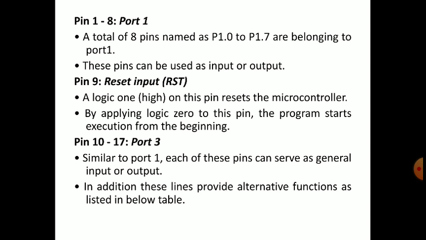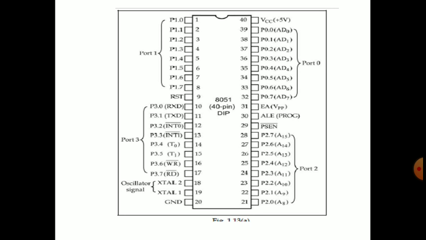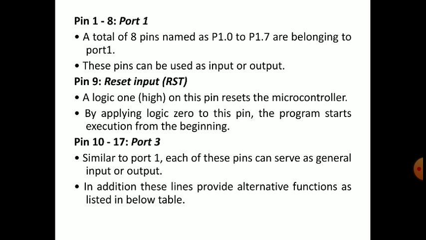If you see pin number 1 to 8, 1 2 3 4 5 6 7 up to 8, those are assigned to port 1. So a total of 8 pins named as P1.0 to P1.7 belong to port 1.